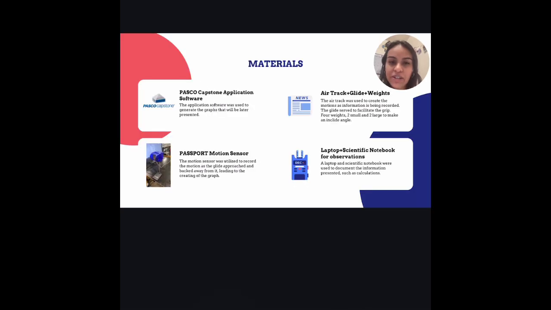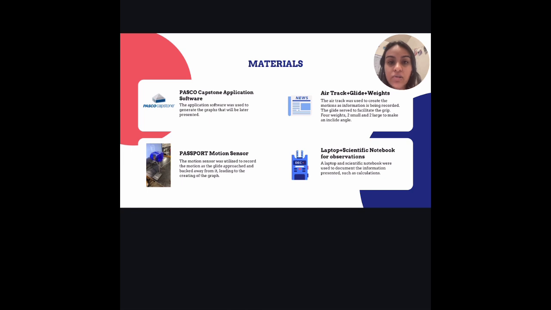The materials that were used for this experiment were the Pasco Capstone application software, which was used to generate the graphs that will be presented later on. An air track, glider, and weights were utilized, and the air track was used to create the motion as information was being recorded. The glider served to facilitate the motion.